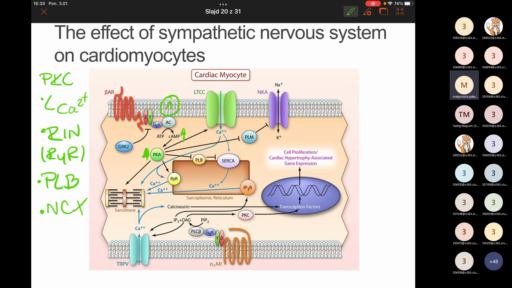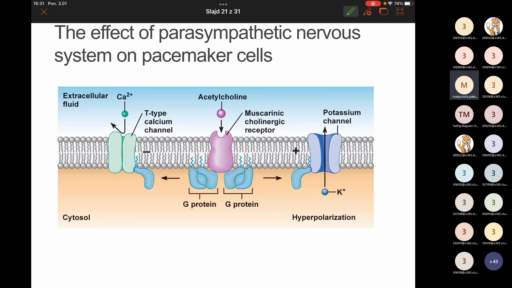So basically, this is all regarding sympathetic nervous system. We have 9 minutes left, and I think that this is not enough to discuss the issue regarding parasympathetic nervous system. So I think that we will finish the lecture a bit earlier.